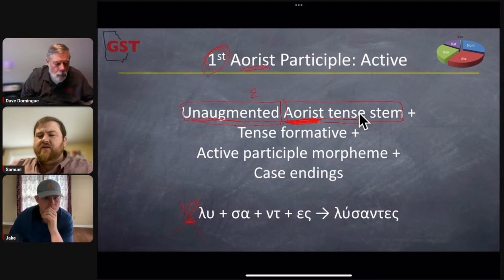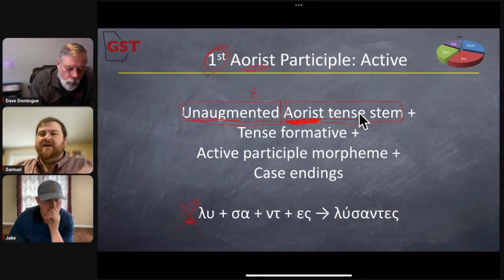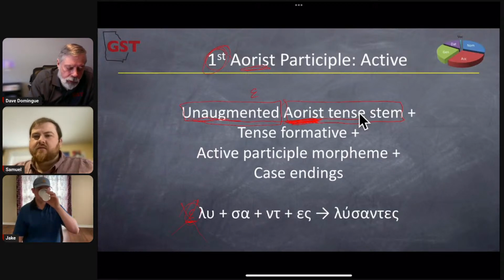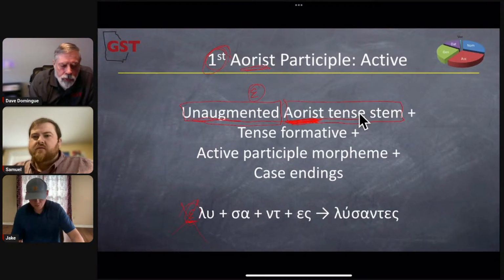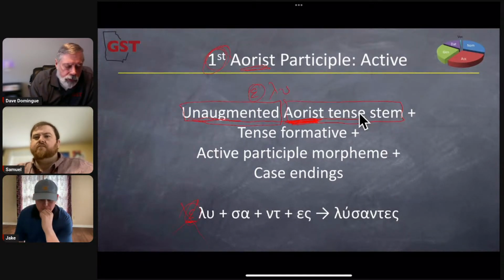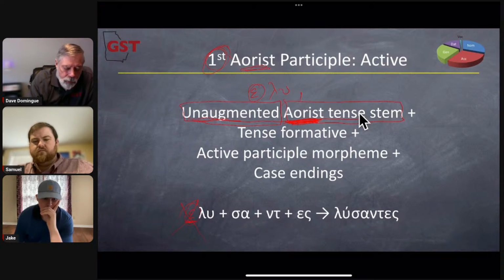Could you ask that again? I couldn't really understand. If in the indicative mood, as you noted, the epsilon is the augment to the tense stem, we augment it for the indicative mood for the aorist and the imperfect.